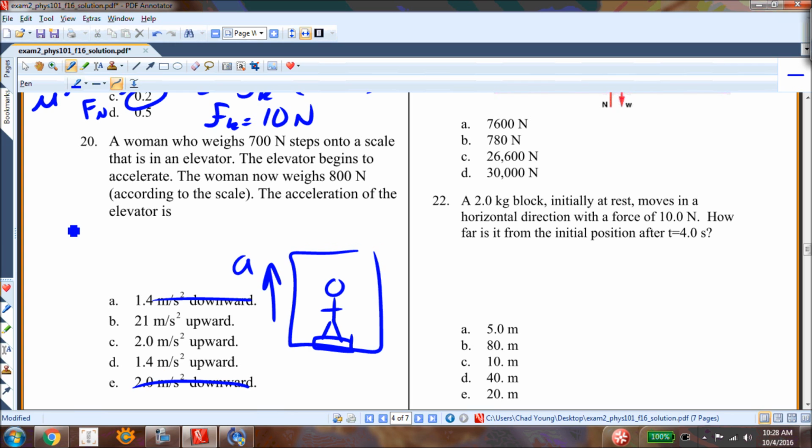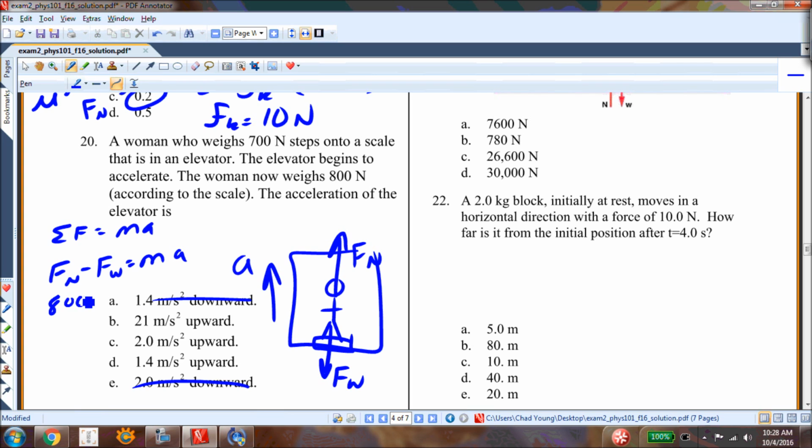I can say the sum of the forces equals ma. So the sum of the forces is going to be Fn minus Fw, and my Fn is what the scale reads. So I have Fn minus Fw equals ma. I want to know what the acceleration is. Fn is 800 newtons.